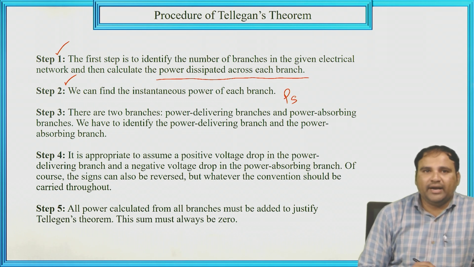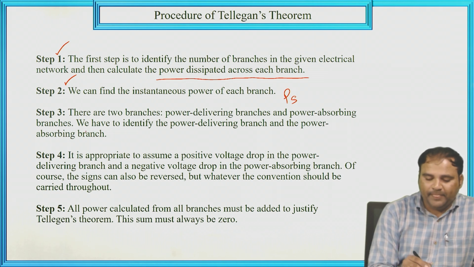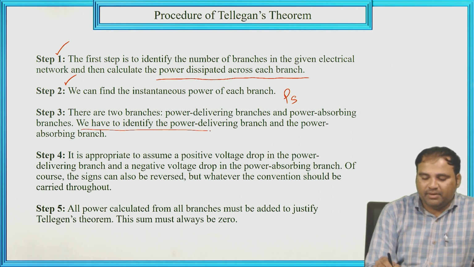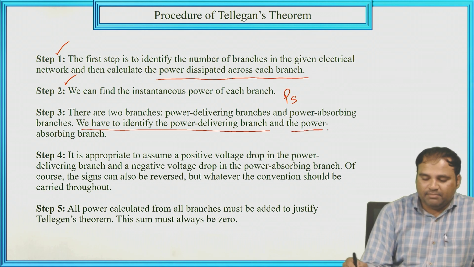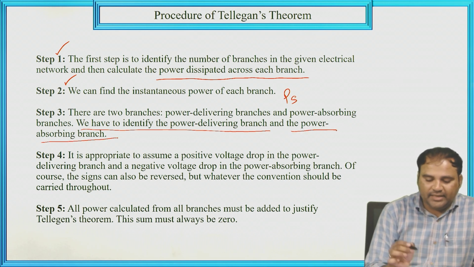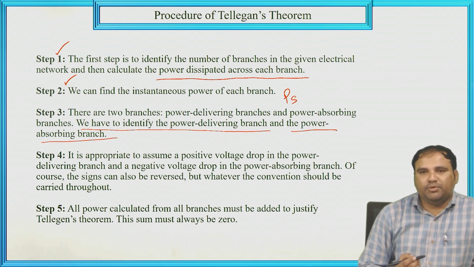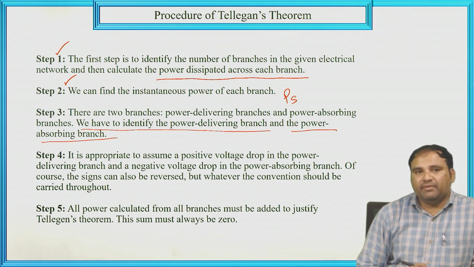We have to identify the power delivering branch and the power absorbing branch here. That means input power is equal to the output power. After that we have to find out the total power, or justify Tellegen's theorem.